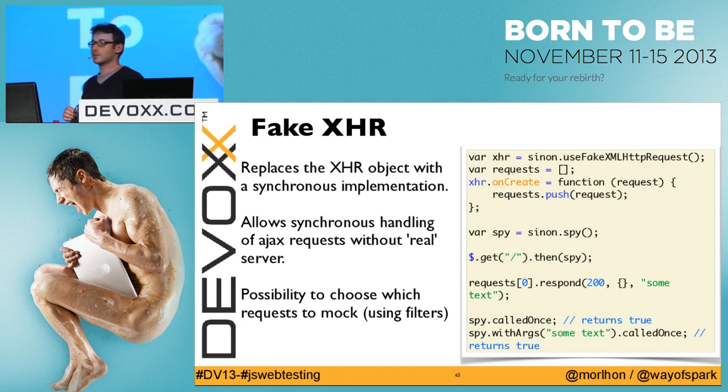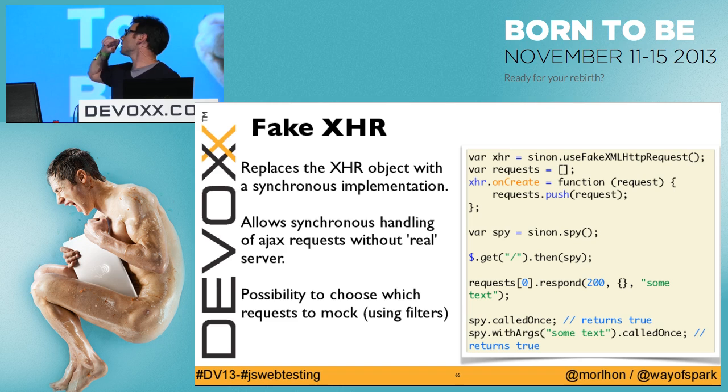Fake AJAX requests are the same, but AJAX requests are asynchronous by nature. You can ask Sinon to emulate XML HTTP request synchronously, and then you can make an AJAX call, ask Sinon to answer this request, and handle it in a synchronous way.